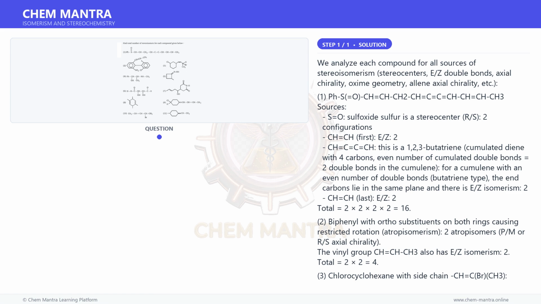9. 1-chloro-1-H cyclohexane with exocyclic =CH-CH3. C1 of the ring bearing Cl and H is a stereocenter, 2.